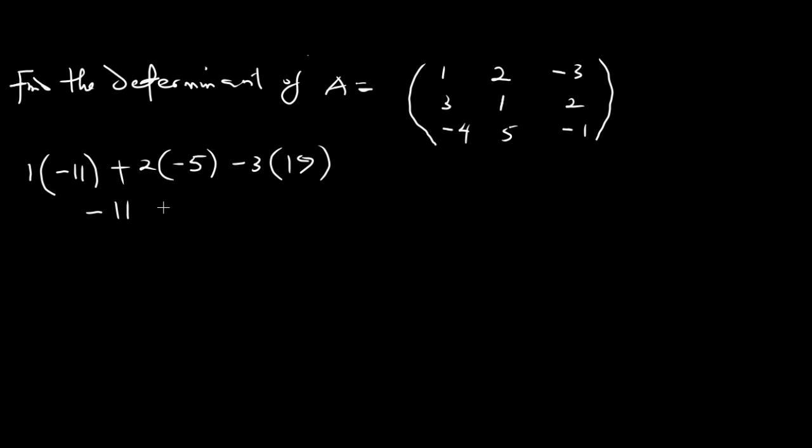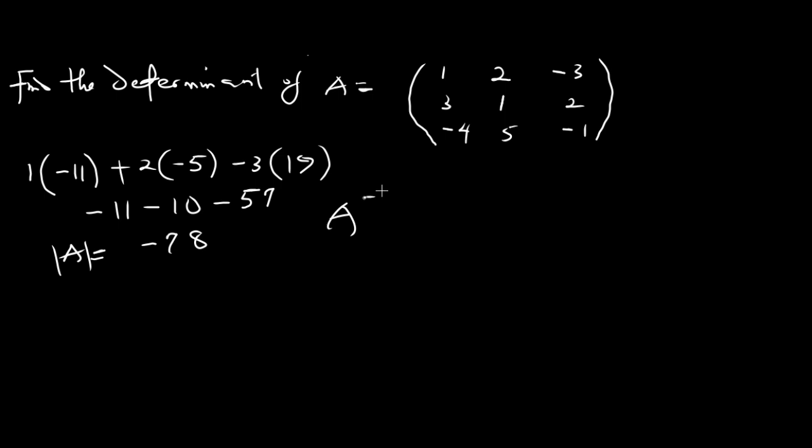So this is minus 11, minus 10, minus 57. So minus 11 minus 10 is minus 21. Minus 21 minus 57 is minus 78. So the determinant of A is minus 78.